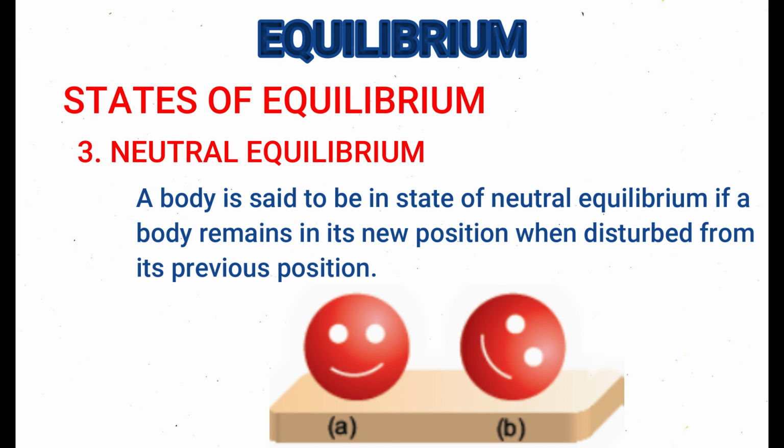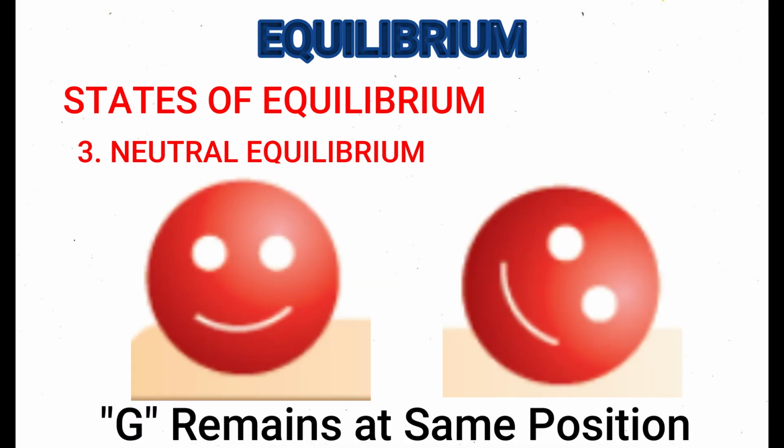Put a ball on the floor and disturb it, it goes to a new position, but its center of gravity G remains at the same position. It means the ball is in neutral equilibrium. Students, notice it please. In neutral equilibrium, the center of gravity of a body always remains at the same height. It means the center of gravity does not change its height in neutral equilibrium.